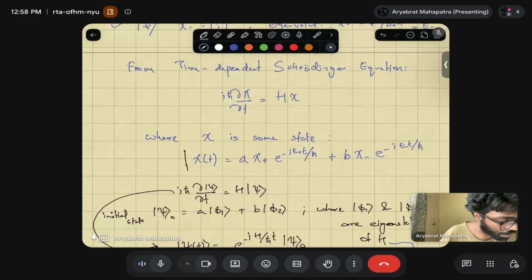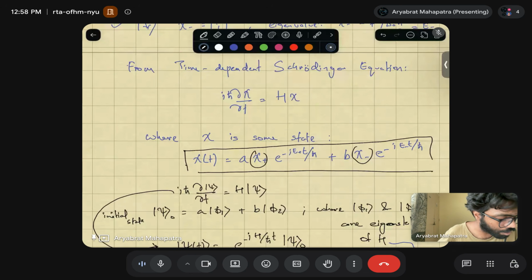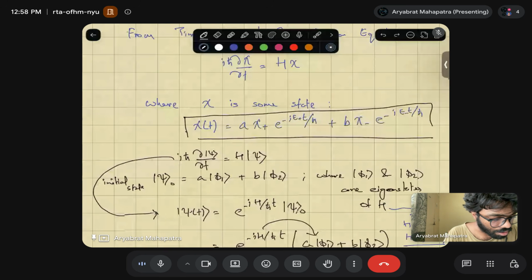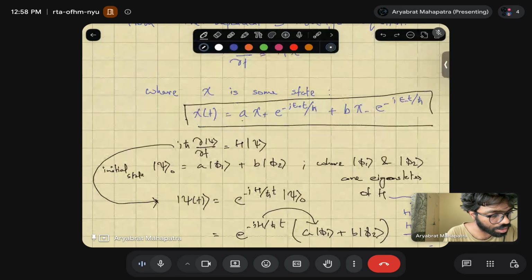They are multiplied with the exponential term, because this is some state at some time t, so there would be some linear combination, and this is the overall evolution factor. With that they will have some coefficients a and b, which will be determined by knowing the initial conditions precisely.